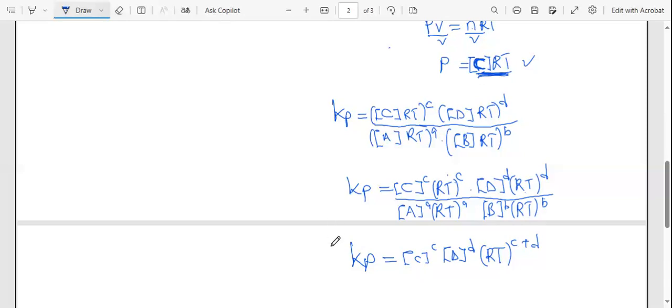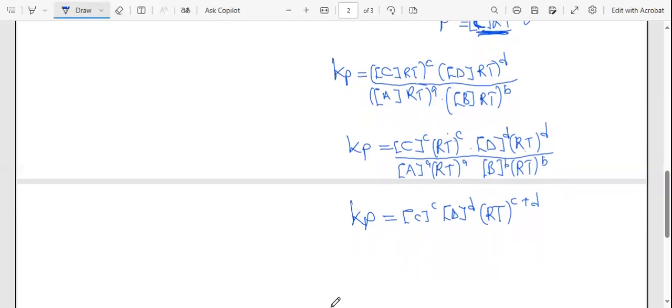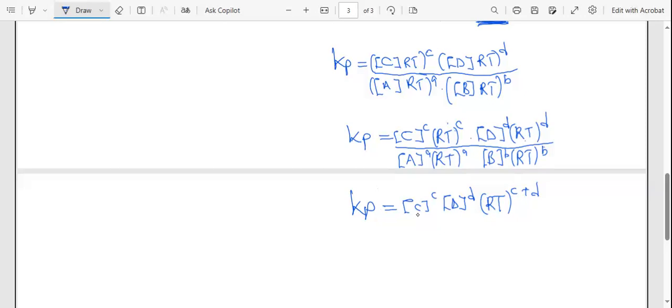I'll do the same on the reactant side, the down part. So we have concentration of A raised to the power A, then concentration of B raised to the power B, then RT to the power A plus B. They are adding because they are the same base, which is RT.